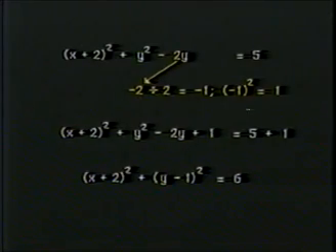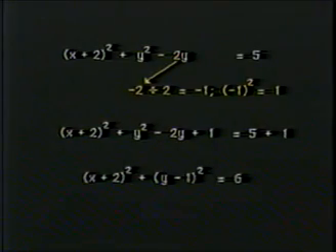Next, the y part. We find the magic number like this. Negative 2 divided by 2 is negative 1. Negative 1 squared equals 1. So we complete the square by adding 1 to both sides. And then write that as a square, y minus 1 squared.